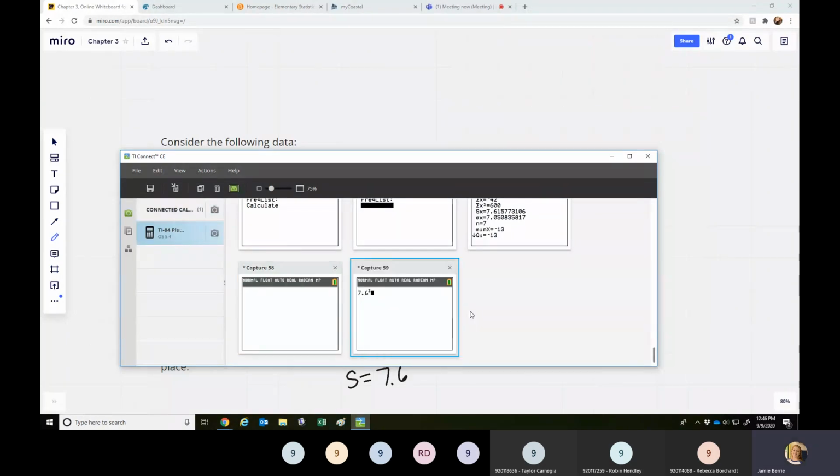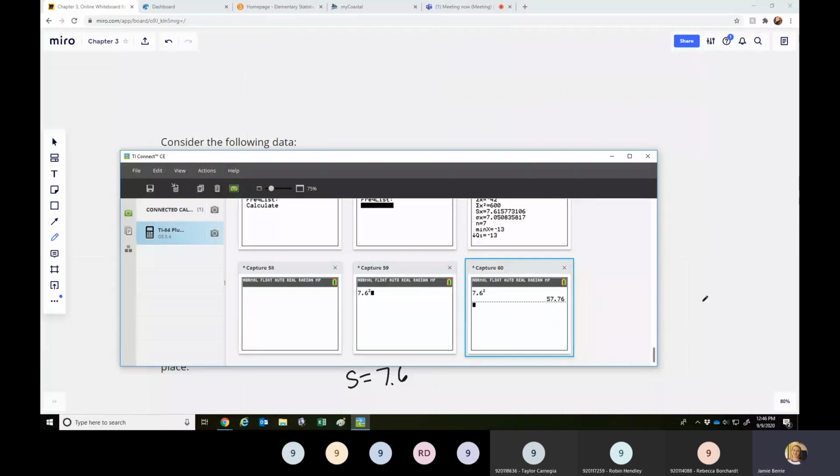So I've got 7.6 squared, hit enter, we'll round to 1 decimal place, that would be 57.8.